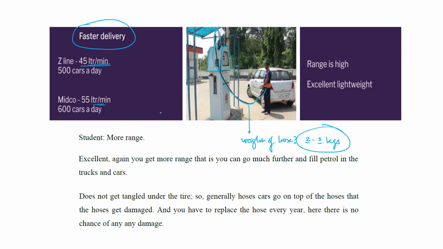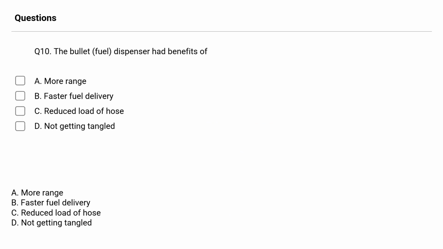Once you have the hose coming from top, you got more range, and the weight part was also taken care of because it is coming from the top. You just have to handle the nozzle part. You have to just direct it. There was faster delivery, right? And it was excellent lightweight. Even the type of hoses had changed by that time.